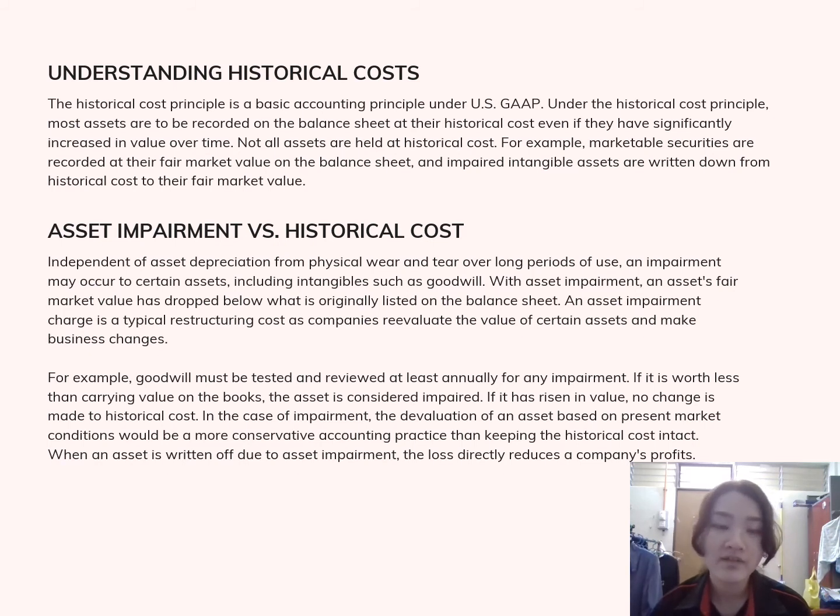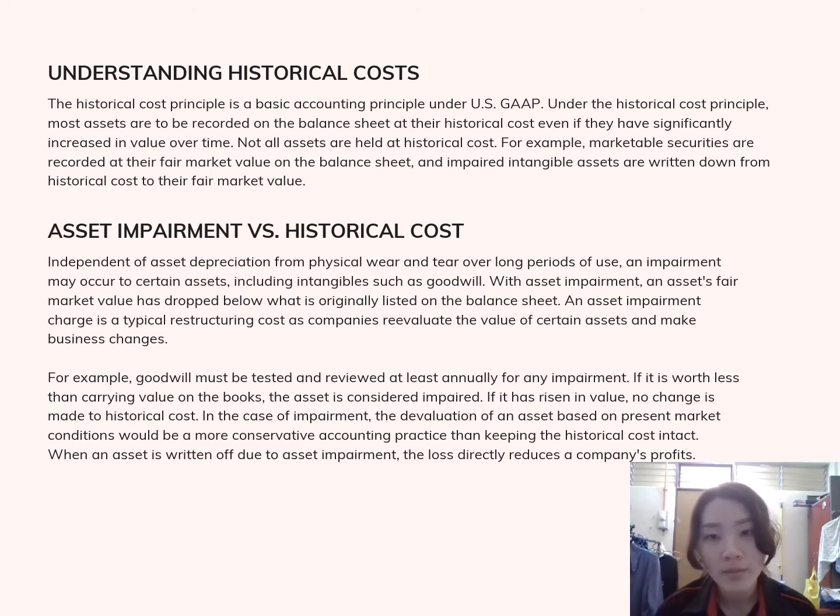Asset impairment versus historical cost. Independent of asset depreciation from physical wear and tear over a long period of use, an impairment may occur to certain assets, including intangibles such as goodwill.